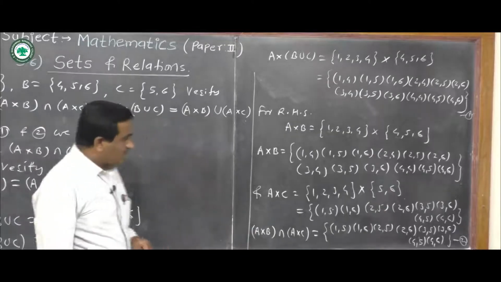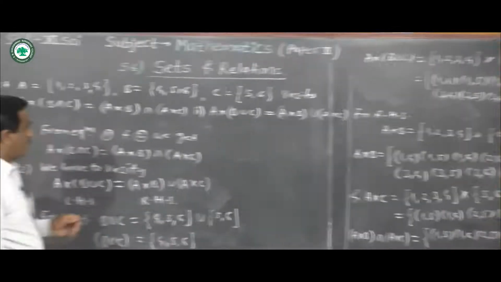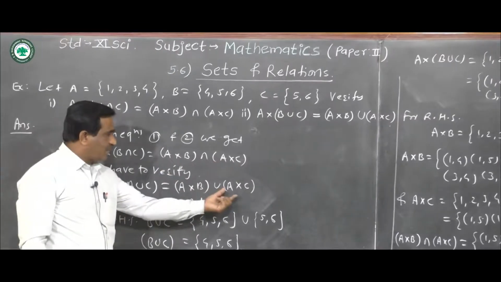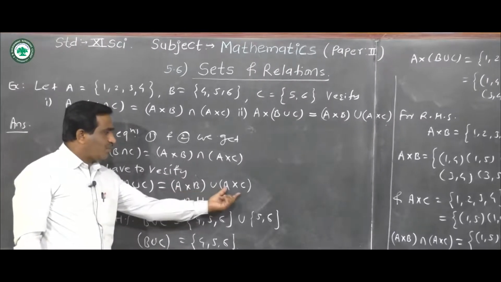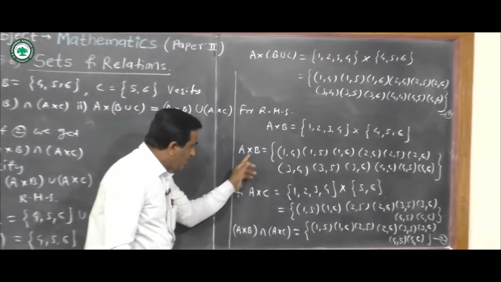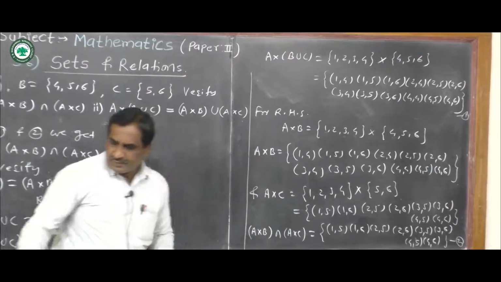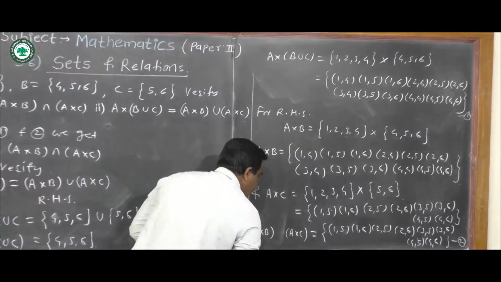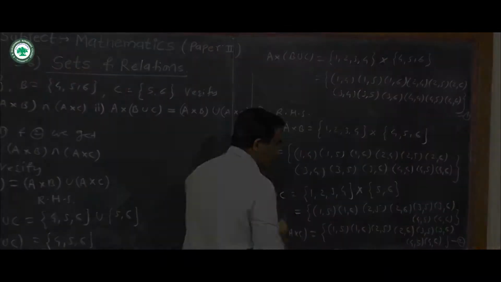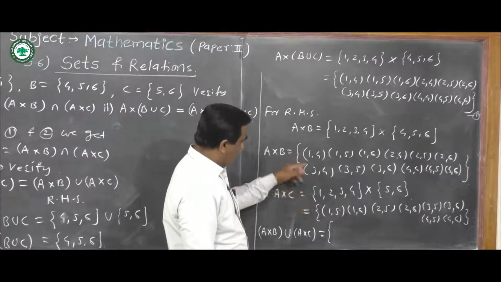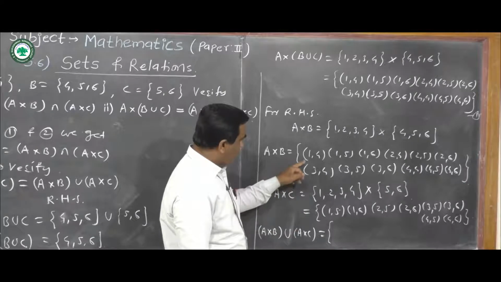Now we have to find the union of these two sets, A cross B and A cross C.